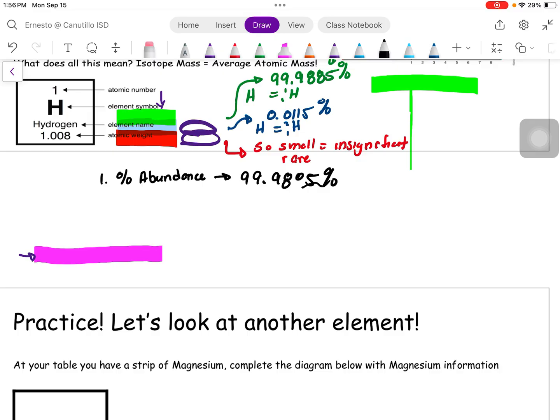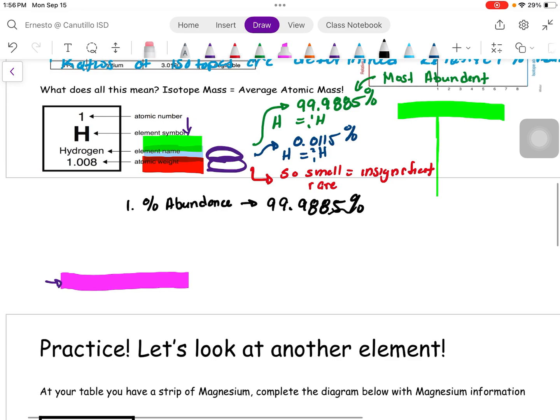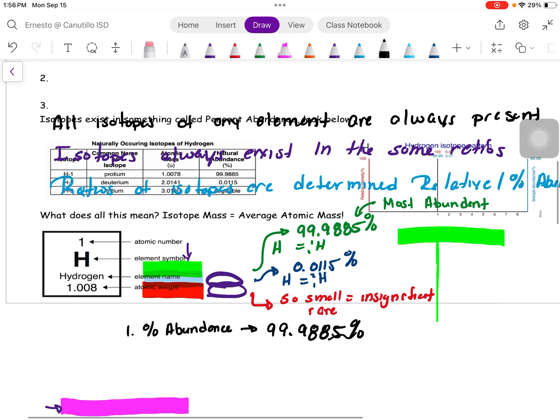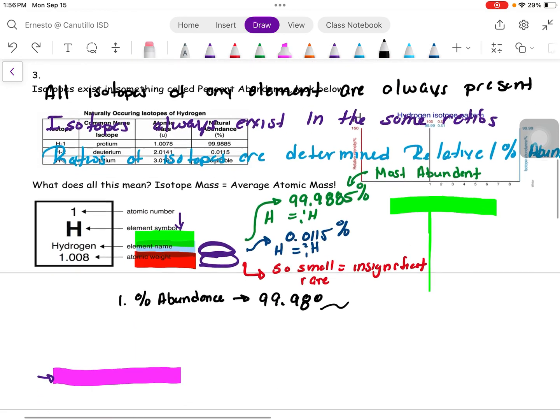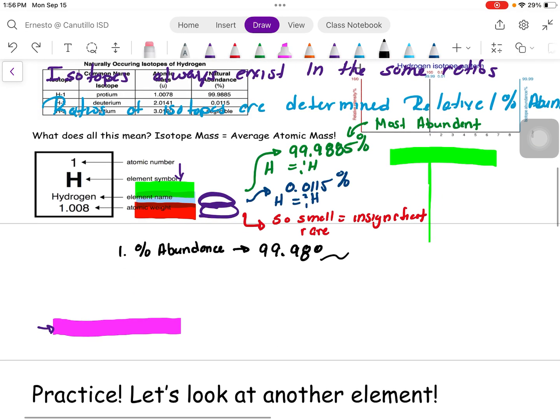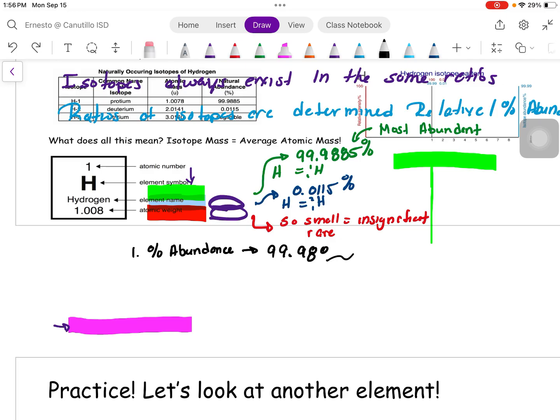Okay, I think I got it. Oh goodness, it got shifted. I don't know what happened, but we'll deal with it later.